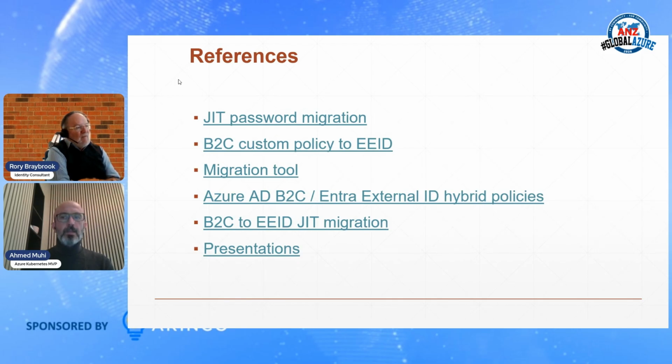So all the modern, shall we say, security features are in Entra External ID. The big one is the custom policies, because they allow you to create workflows. And I don't think Microsoft has actually documented recommended approaches for custom policies yet.